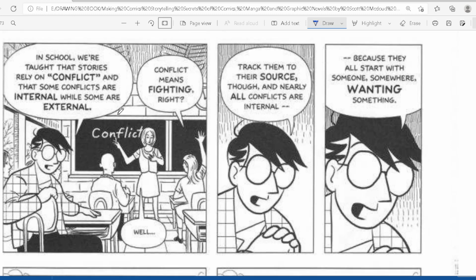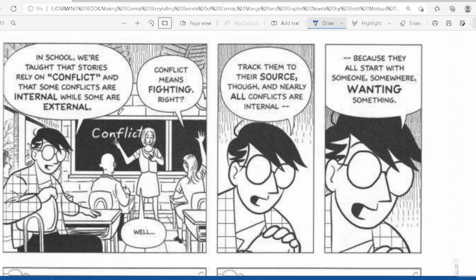In school we are taught that stories rely on conflict, and that some conflicts are internal while some are external. Conflict means fighting, right? Track them to their source, though, and nearly all conflicts are internal because they all start with someone, somewhere, wanting something.